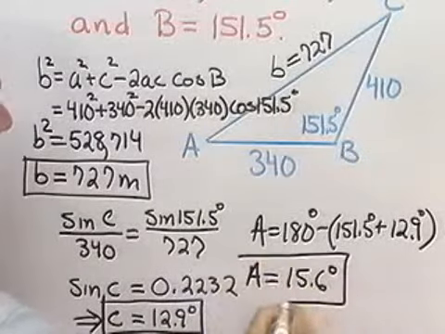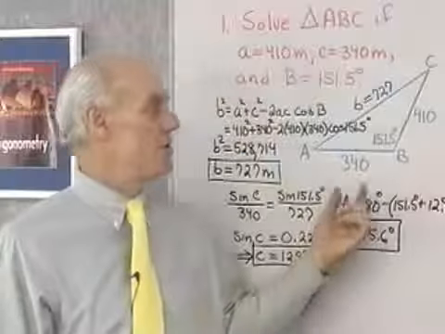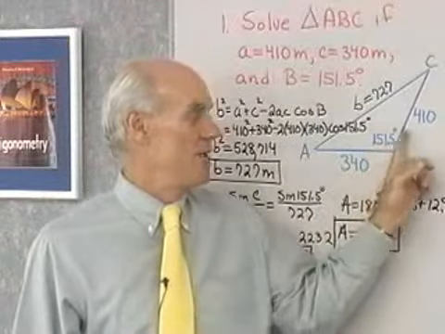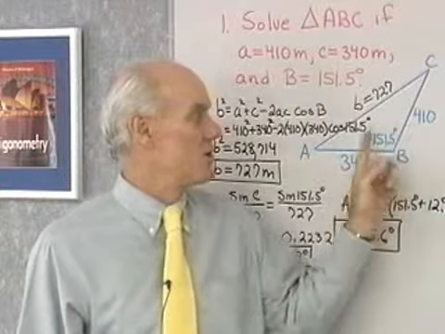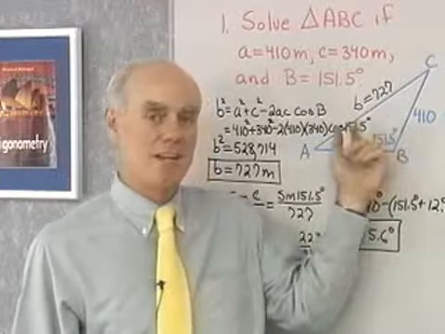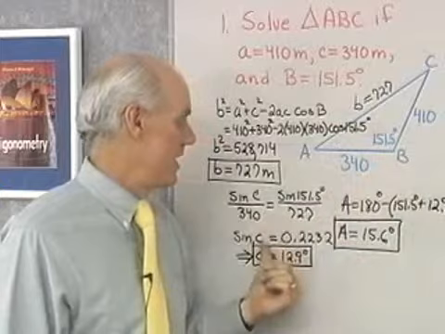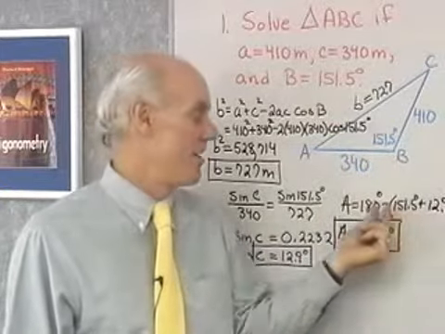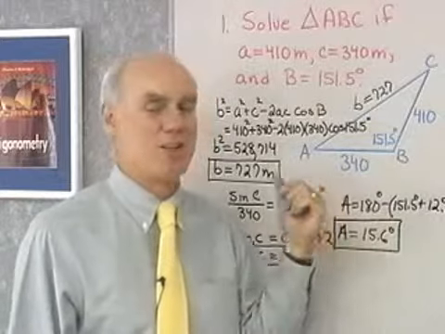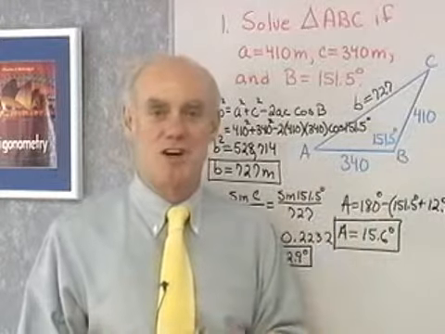That's angle A. So law of cosines first, because I have an angle and the two sides included on either side of the angle, and so I use my law of cosines to find the side opposite that. Then I switch over to the law of sines to find my next angle. Once I have that, I just subtract the two angles I already have from 180 degrees, and I have my third angle. And that triangle then is solved completely.